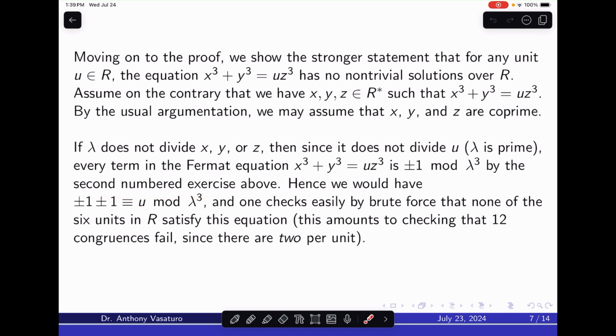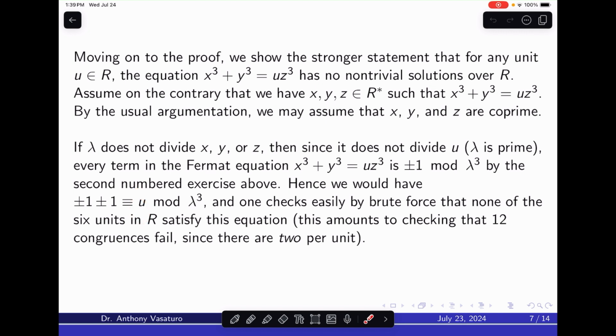Hence, we would have the following expression. We would have plus or minus 1 plus or minus 1, although the signs don't have to match, equals u z cubed, okay, mod lambda cubed, if we were to take this mod lambda cubed. Why isn't this plus or minus u? Well, plus or minus u is just a unit, right? So we can just call that u.